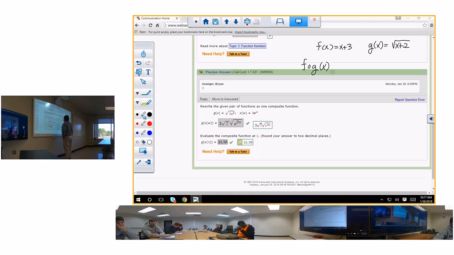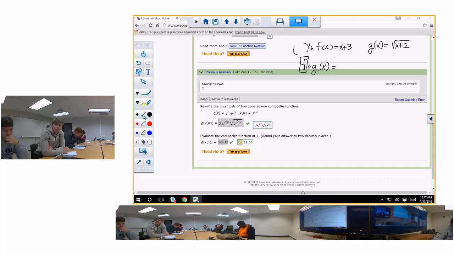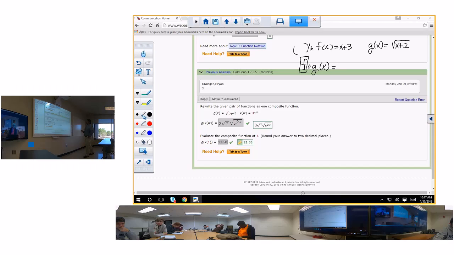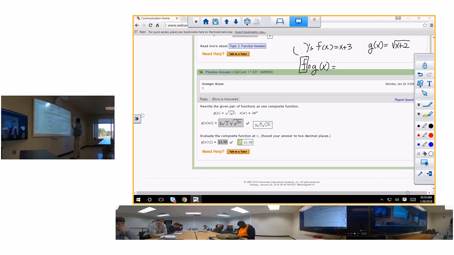That means I'm going to rewrite f of x with a big set of parentheses, and then I'm going to put plus 3.